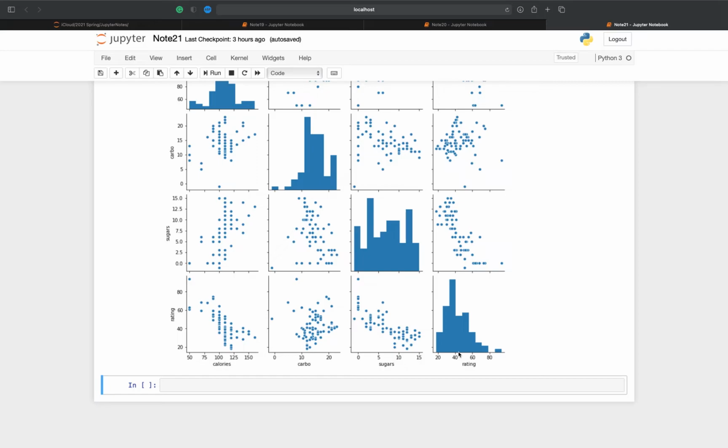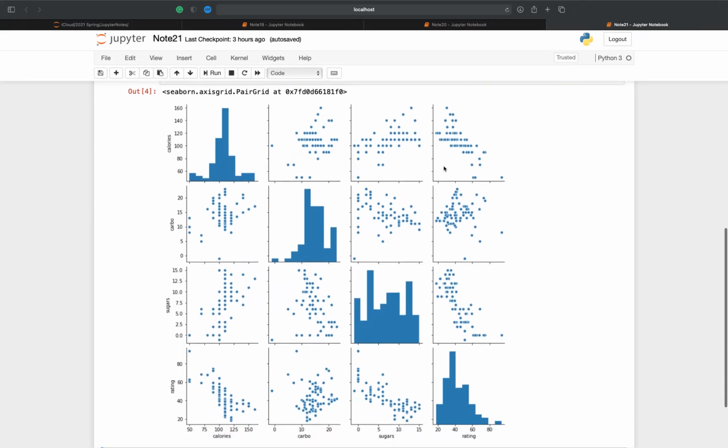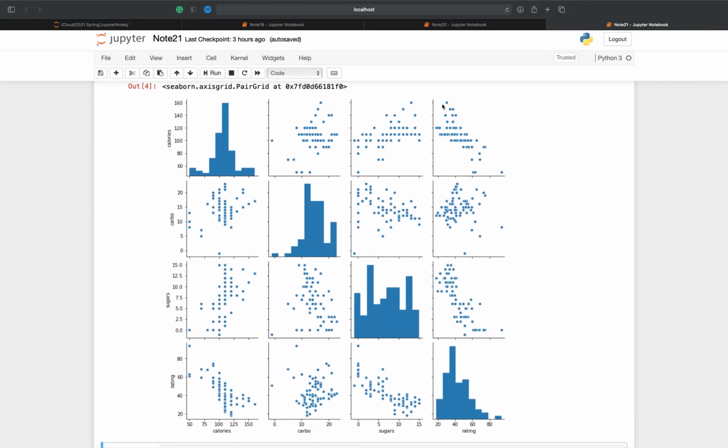What else? So here also, let's say again rating versus calorie, we see a kind of negative slope, meaning as the rating increases, the calories will decrease, right?